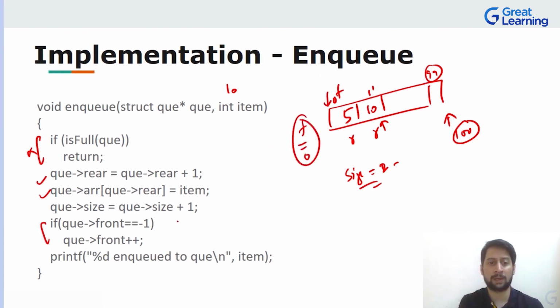So we are not going to update front, because this only takes place when we are inserting an element in the queue for the first time, in the array implementation. At that time this if will be executed. Done. Then we print out that 10 was enqueued in the queue. So this is the implementation of enqueue.